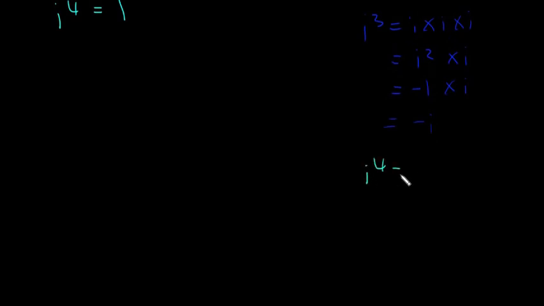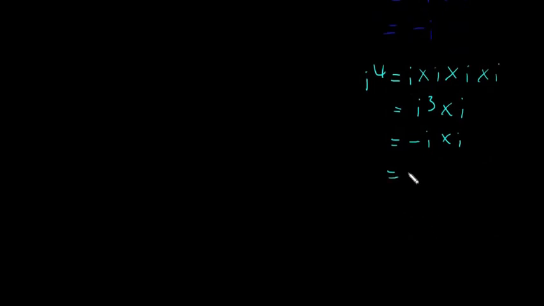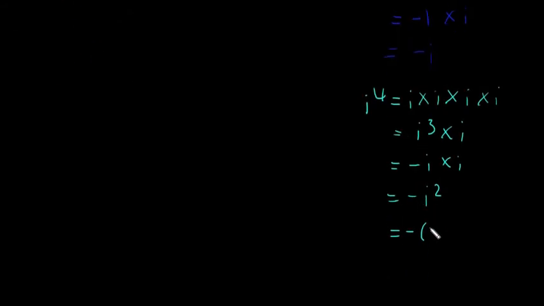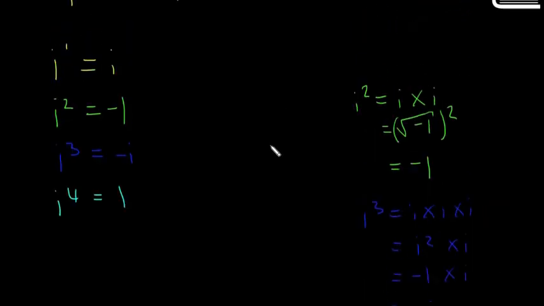I to the power of 4 is equal to I by I by I by I, or I cubed by I, and I cubed is -I, multiplied by I. So that's going to be equal to -I squared, because -I by I, and I squared, as we know, is -1. So it's -(-1), which is equal to 1.